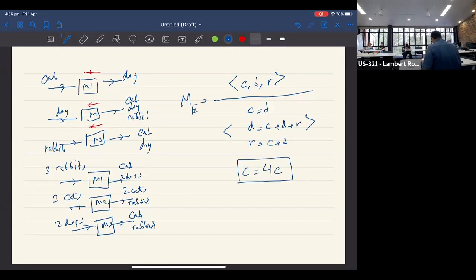Now, this monoid, let me just introduce now this graph, a cat and a dog and a rabbit. And you see a cat becomes a dog, so I just put here, a cat becomes a dog becomes a cat, a dog, a rabbit, and a rabbit becomes a cat and becomes a dog.